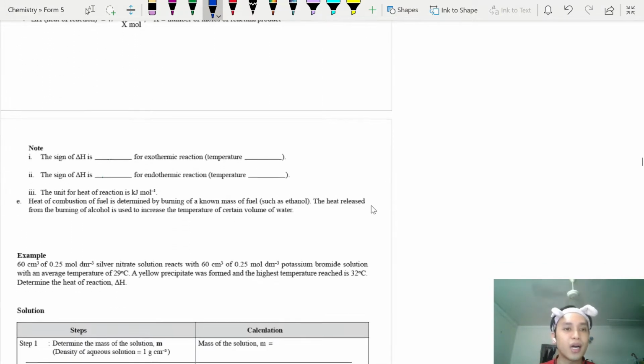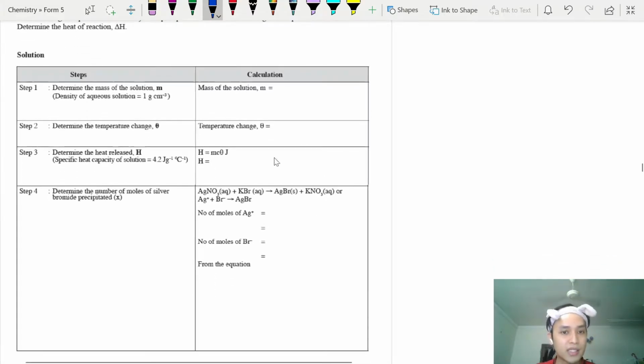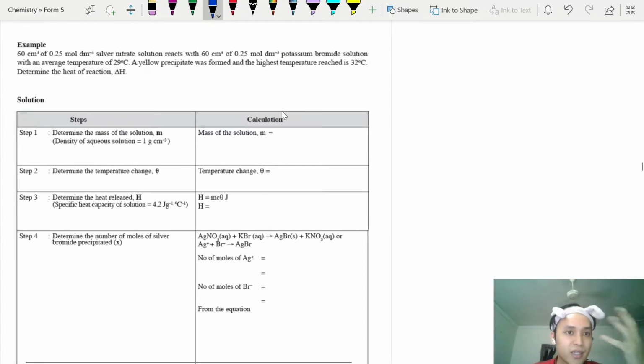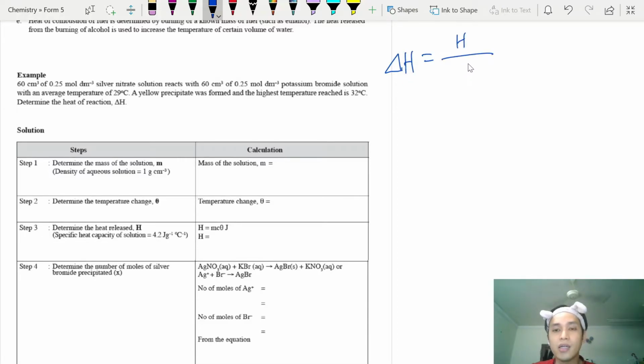Alright, so I'm going to show you how we calculate the heat of reaction for different reactions. First I'm going to show you the step-by-step calculation here, and then I'm going to show you different examples, so that you can understand it more familiarly. To calculate the heat of reaction, our formula here is: heat of reaction equals heat energy divided by number of mole.